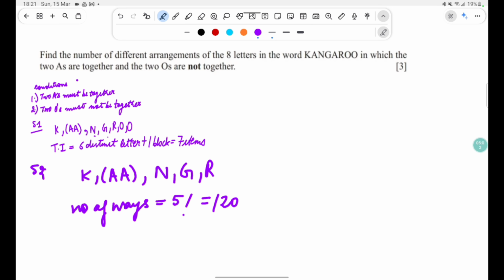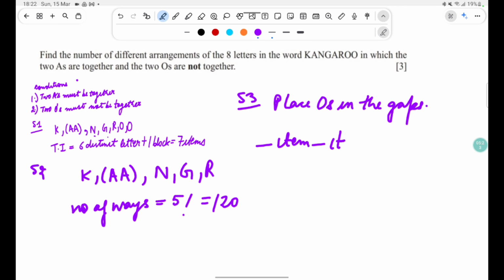Okay, now our step 3 will be we have to place these two O's in the gaps. Now which gaps am I talking about? We'll place the 5 items from step 2 and identify the gaps. Basically there will be gap, then item, then gap, then item, and so on.